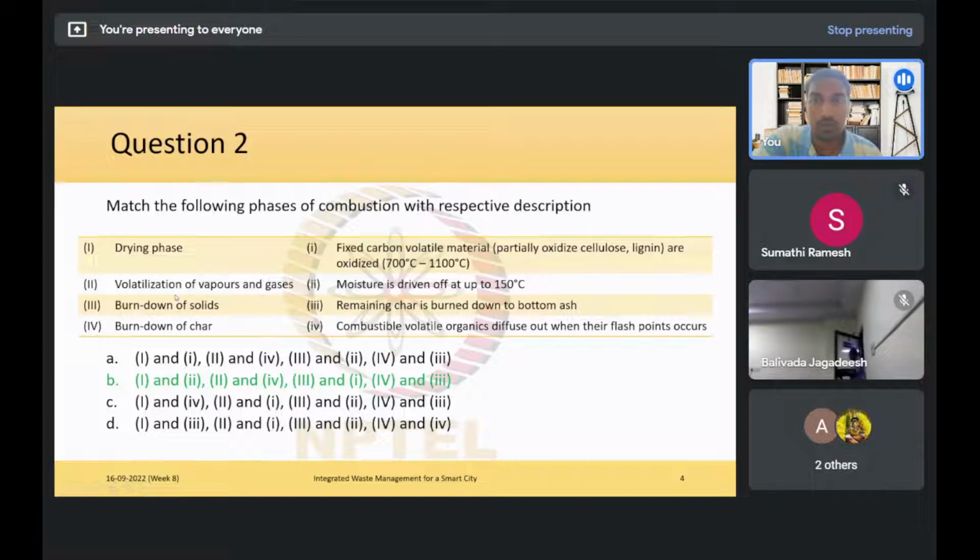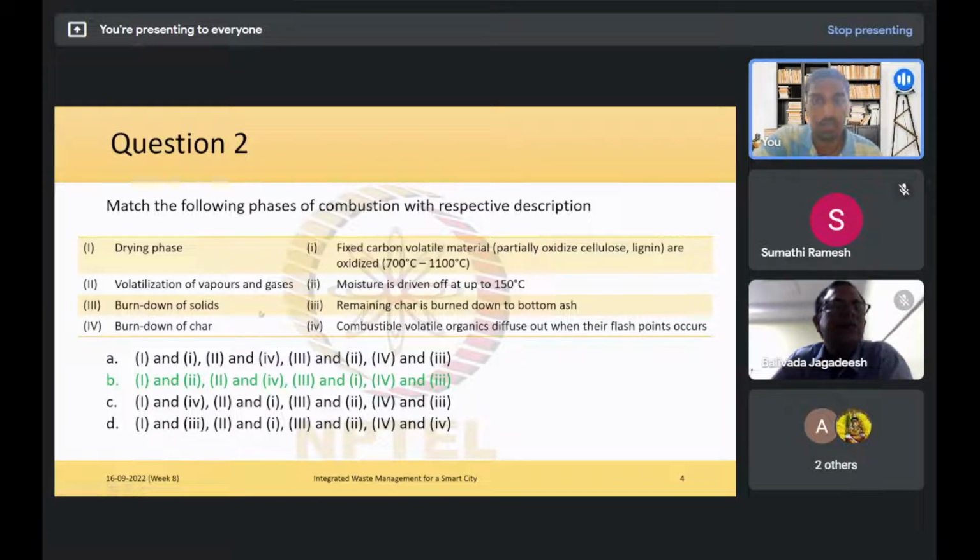And the third phase: once these vapors and gases have left, the solids are remaining. So these solids will start burning now. The fixed carbon, which did not vaporize, will then start oxidizing, right? This is at a temperature of 700 to 1100 degrees Celsius.